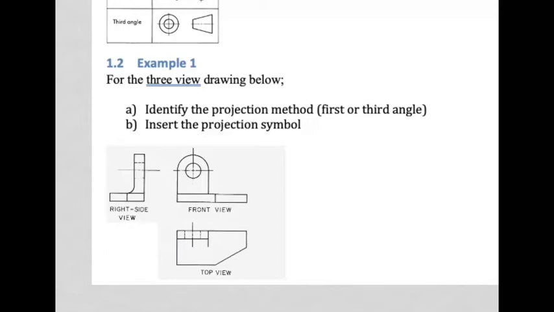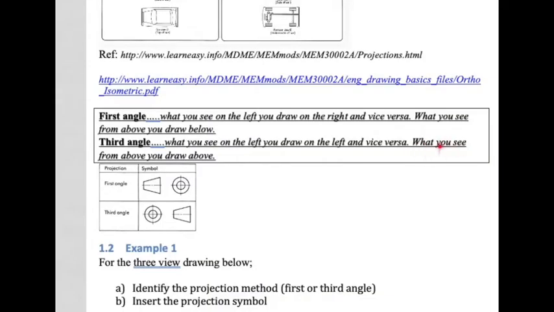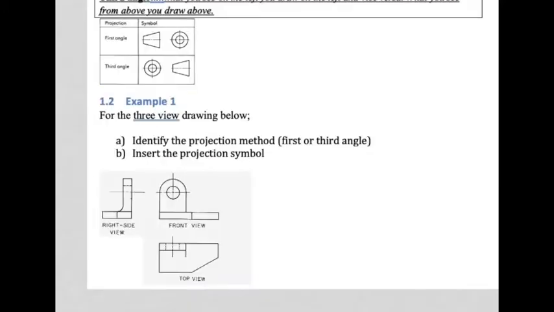Let's check. Not third angle. What you see from above, you draw below. It is indeed first angle. So we've answered the first question. We have identified that the projection method is indeed first angle. So what you see here is a first angle projection of the object in question.